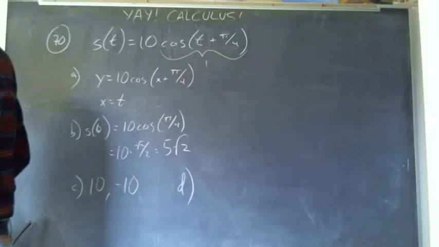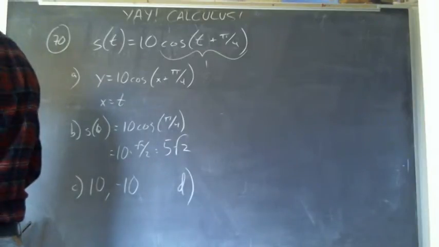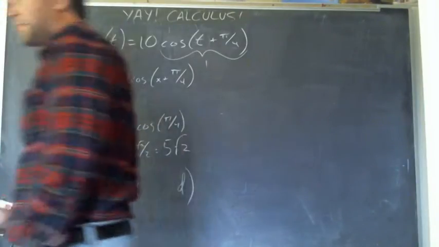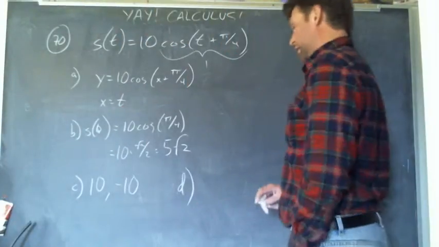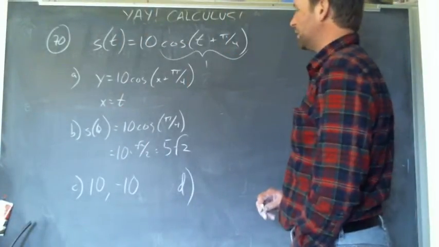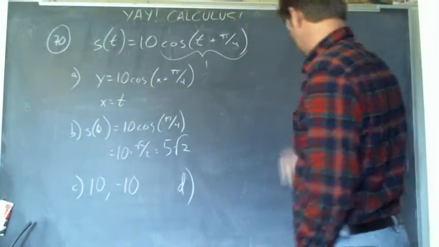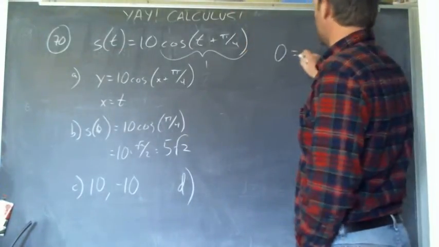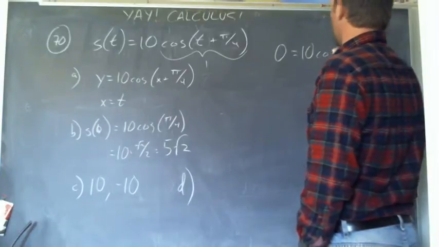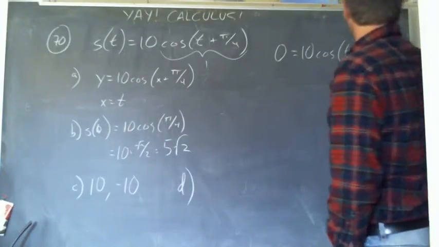When does the particle first reach the origin? What are its velocity, speed, and acceleration then? Well, the origin will be 0 for a position. So 0 equals 10 cosine of t plus pi over 4.